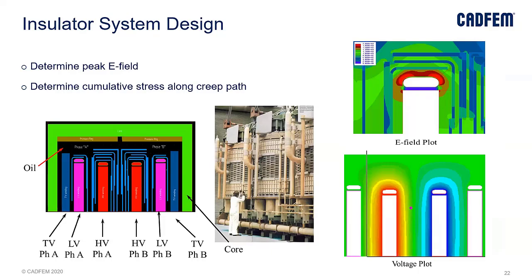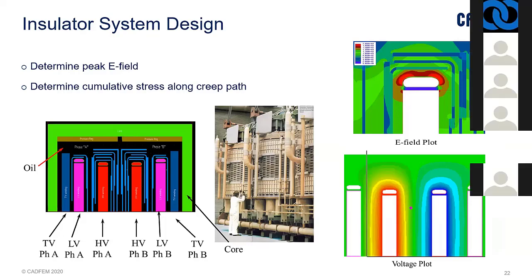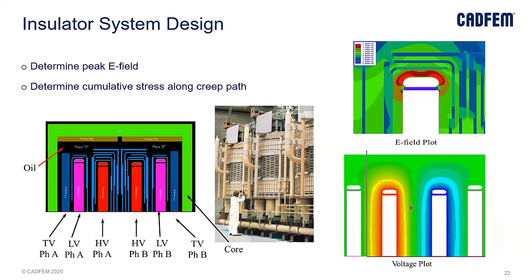To understand that, people will use the electrostatic solution in Maxwell, which helps us understand the electric field intensity on these insulators, and whether they can withstand the dielectric capability of that insulator or not, with that electric field.